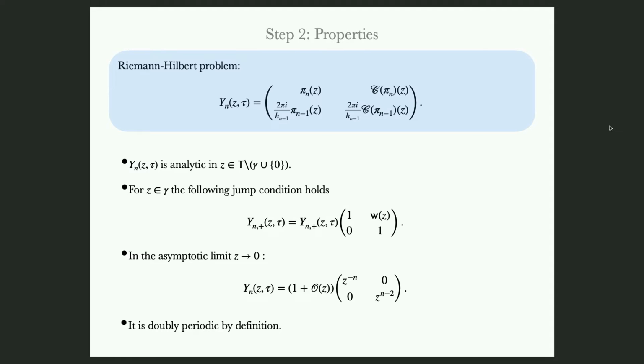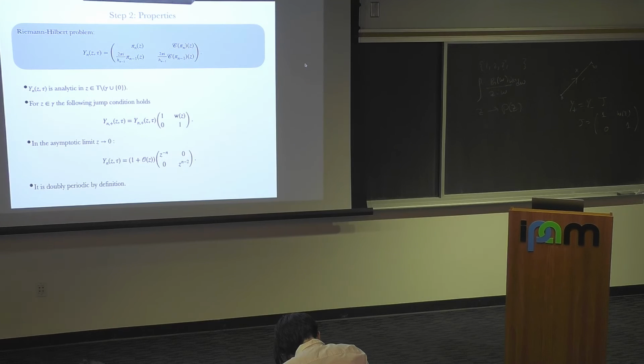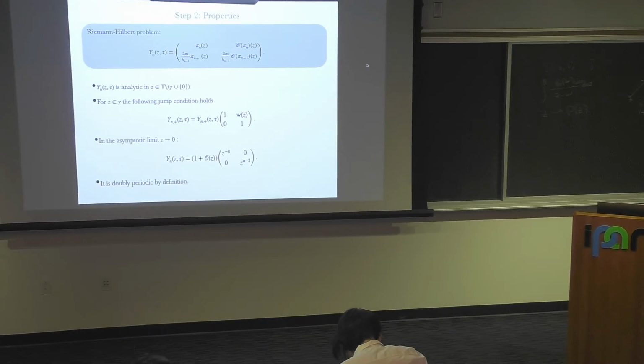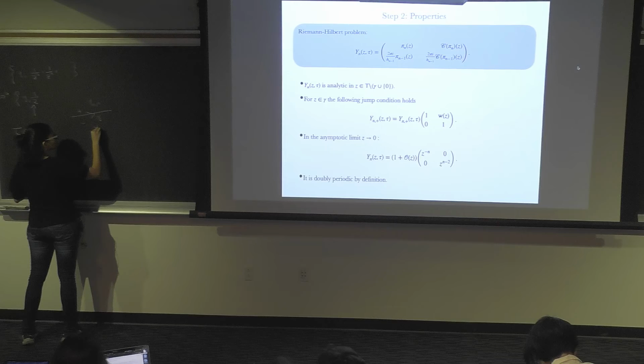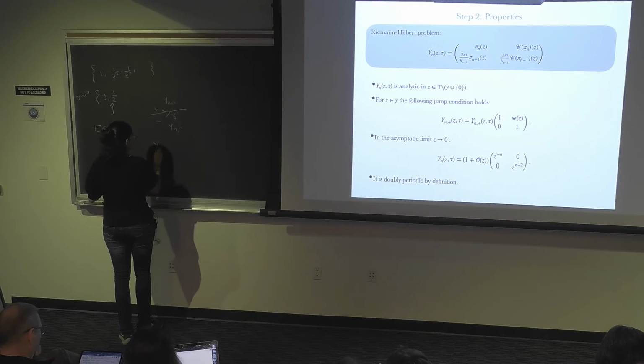I'll explain why that is. Okay, so we can still construct the Riemann-Hilbert problem, which is again going to be on gamma. And you'll have plus minus, Y n plus, Y n minus, and you'll have Y n plus, Y n minus jump.